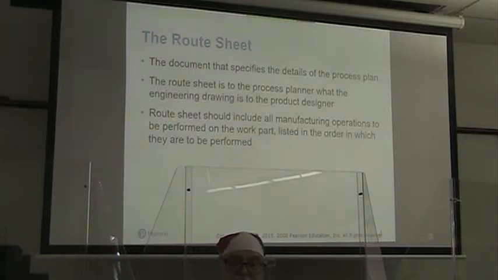The route sheet is to the process planner what the engineering drawing is to the product designer. Okay, why not? The route sheet should include all manufacturing operations to be performed on the work part, listed in the order in which they are to be performed.